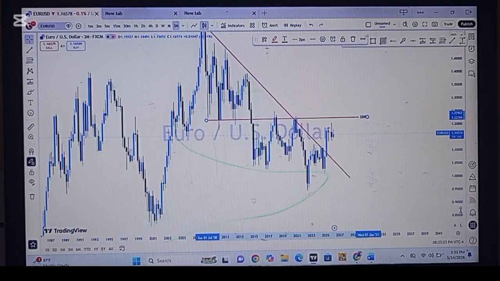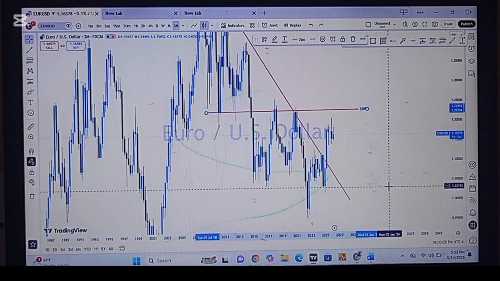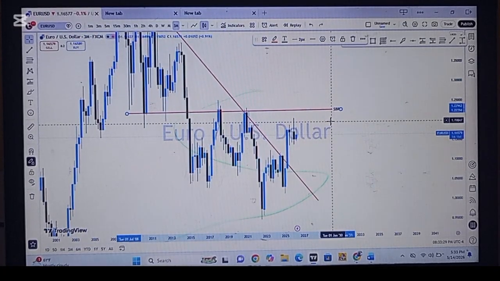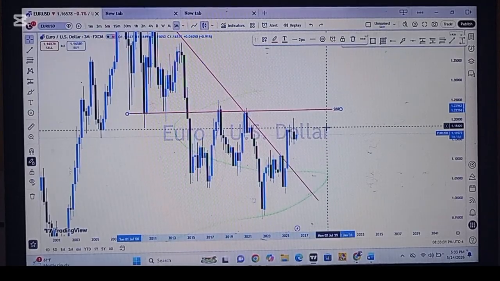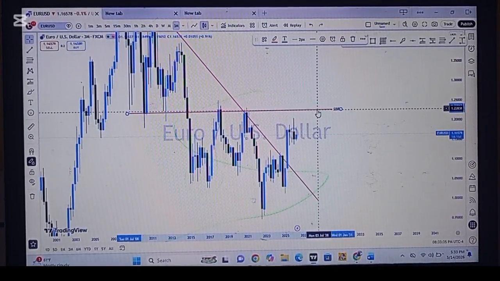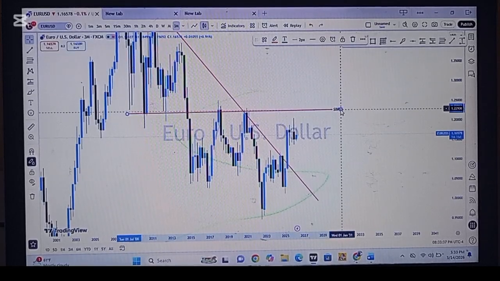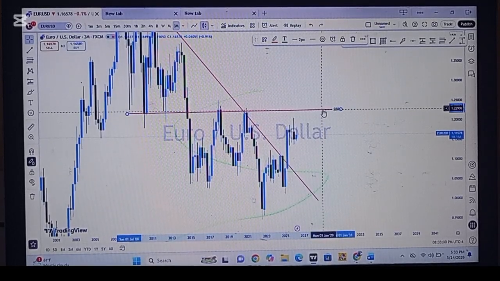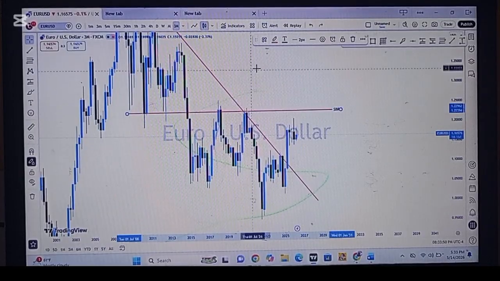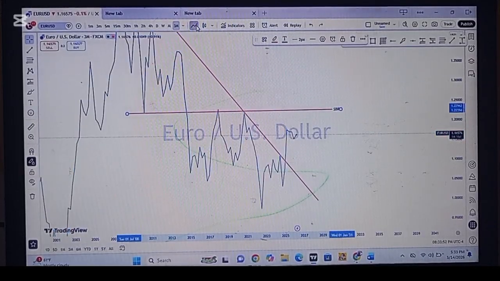Actually, price has not reached there, but in case price starts rising, then this will be my next zone at around 1 point. Let me read it for you. 1.23047. But that was just by the way.